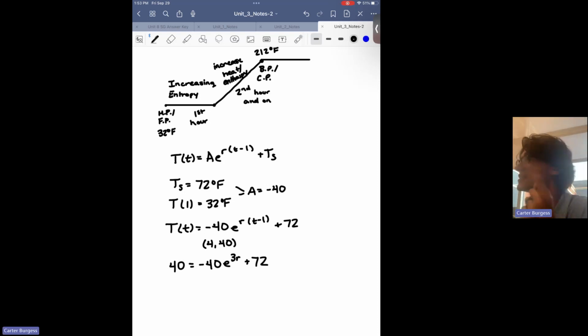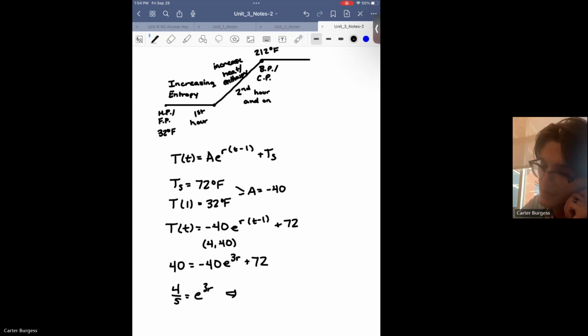Yeah, we have to get e to the power by itself. So subtracting 72 from both sides, dividing by negative 40, I get negative 32 over negative 40, which coincidentally simplifies very nicely. What does that end up being? 4 over 5 is equal to e to the 3r. And then how could I get the r out?